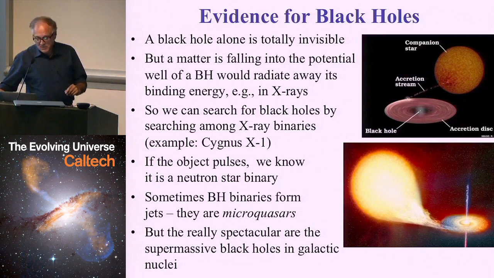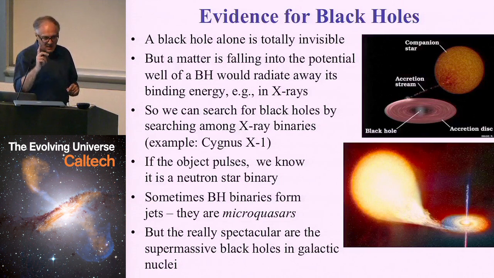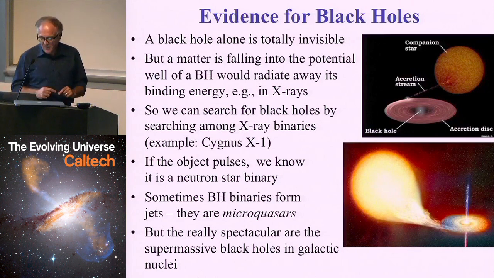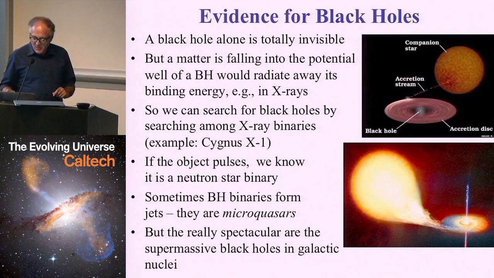A very famous one is called Cygnus X-1. And in some cases, if there is a magnetic field that was left over that can accelerate particles, again, just like a pulsar, except this time it's a black hole and tends to be well aligned with the rotation axis, those are called microquasars. So those are pretty spectacular objects.